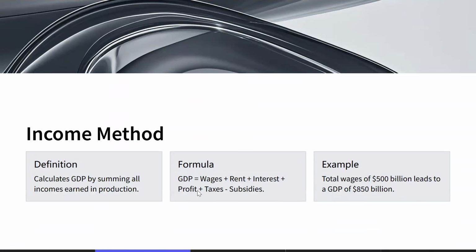For the income method, what I want you to do is think about your factors of production. Land is rent, labor is wages, capital is interest, entrepreneurship is profit. You're adding those 4 things together.